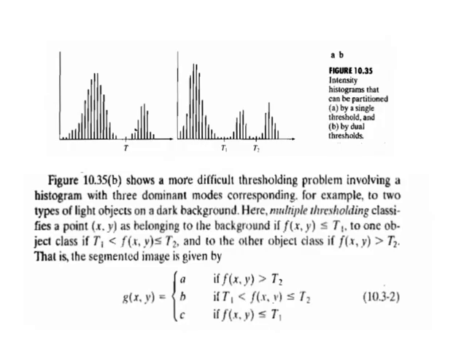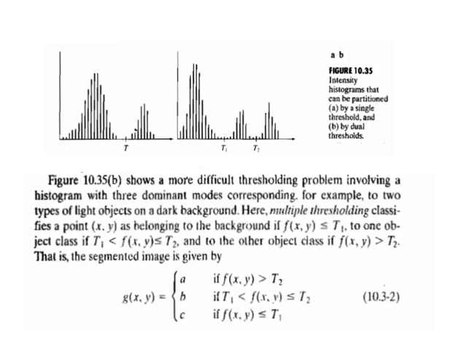Figure B shows a more difficult thresholding problem involving a histogram with three dominant modes, corresponding, for example, to two types of light objects on a dark background. Here, multiple thresholding classifies a point (x,y) as belonging to the background if f(x,y) is less than or equal to T1, to one object class if f(x,y) lies between T1 and T2, and to the other object class if f(x,y) is greater than T2.